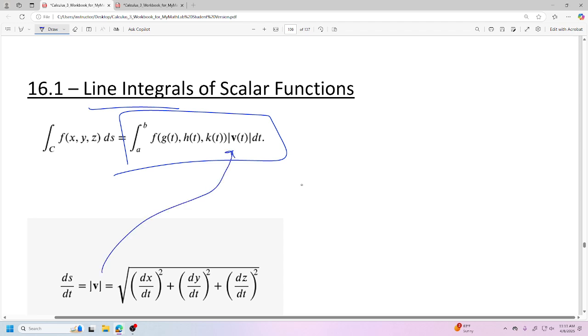The real formula, if you want it, is the integral of f times the square root of x prime squared plus y prime squared plus z prime squared, dt. It's a very rough formula. I don't like this formula, but you get the picture. We're going to have little derivatives, we're going to plug things in, it'll be fine. Only one integral right now.